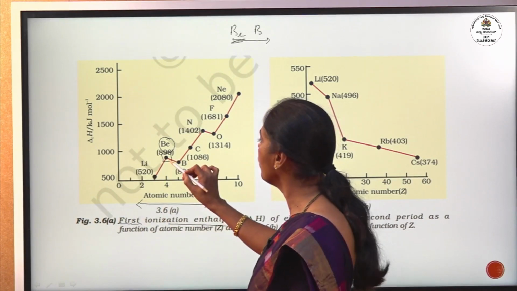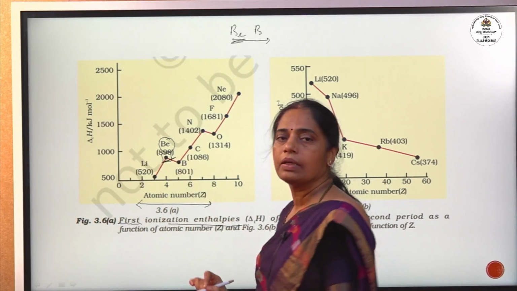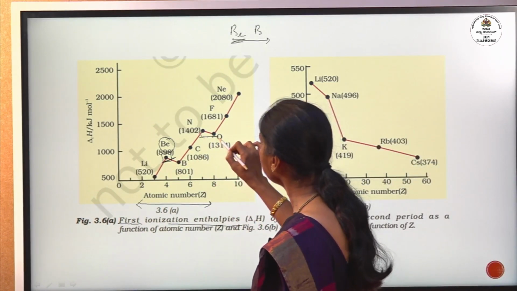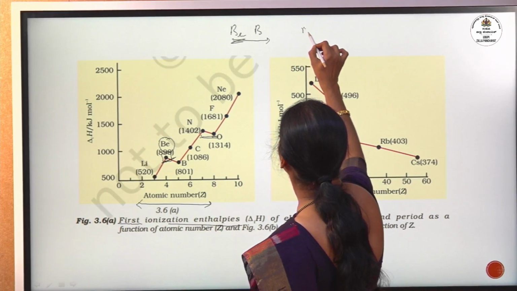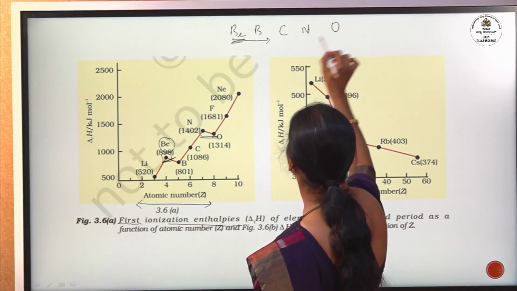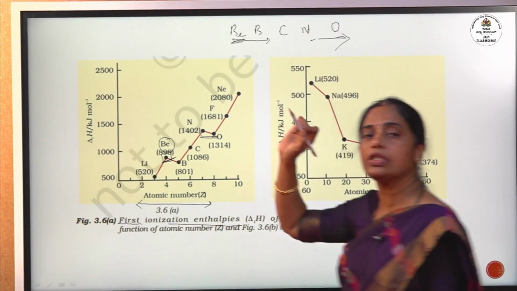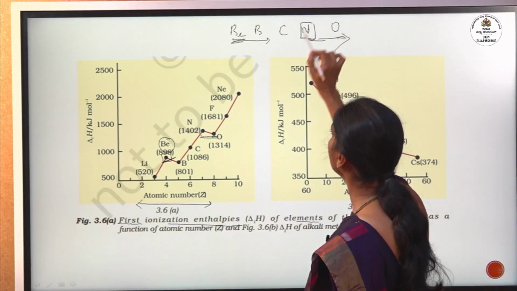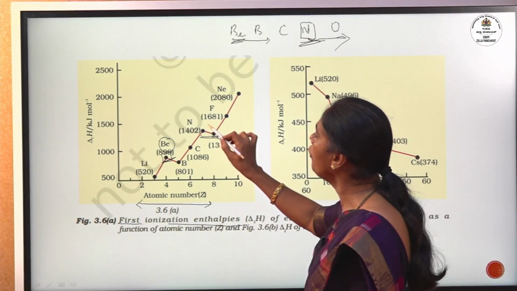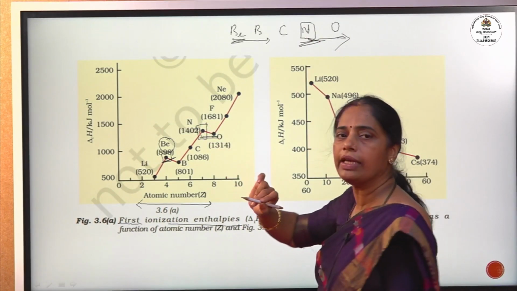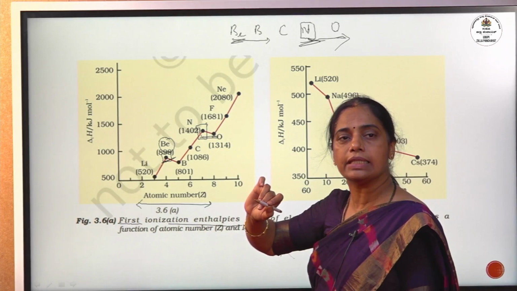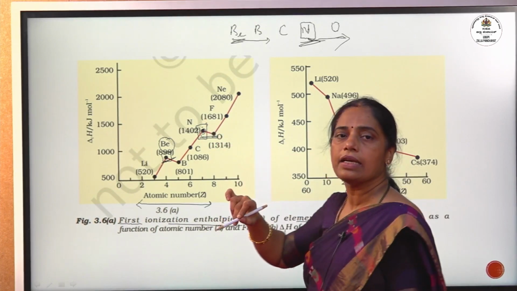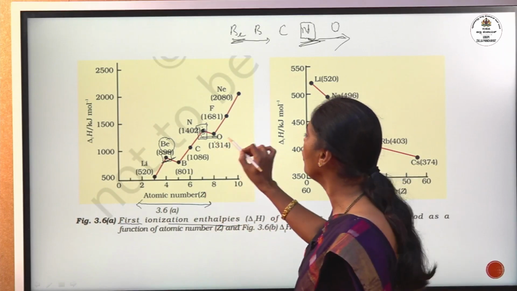This is because here we find a completely filled orbital. Similarly here, nitrogen, oxygen. According to the general trend, oxygen should have more ionization enthalpy when compared to nitrogen, but in nitrogen a half filled orbital is available, which is stable, so removal of an electron from here is difficult, so the energy required is more than that of oxygen.